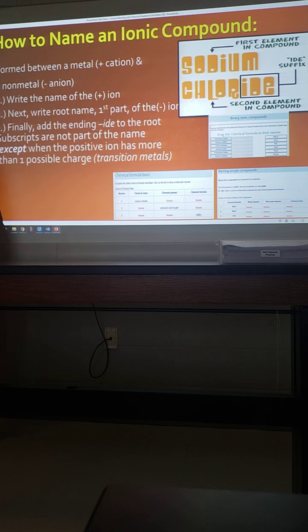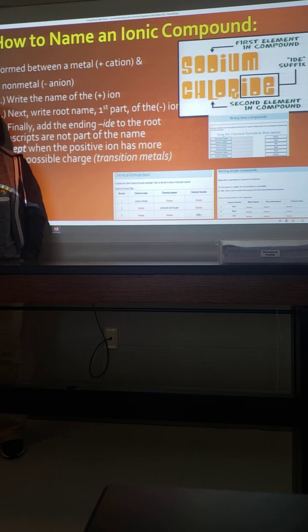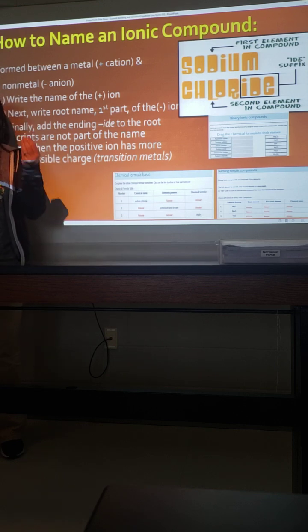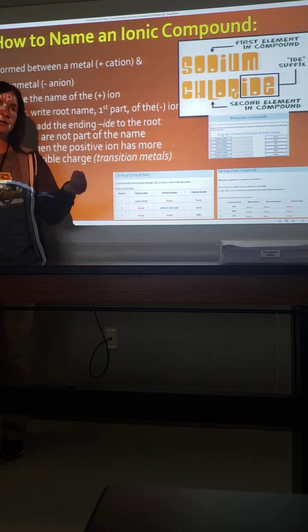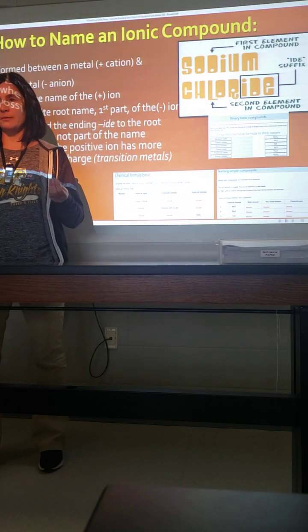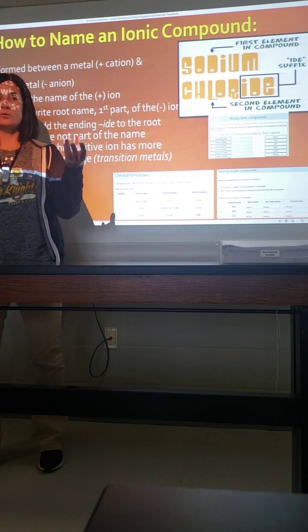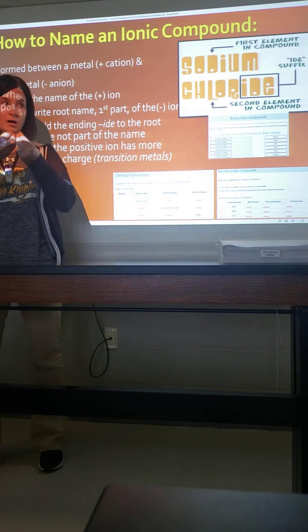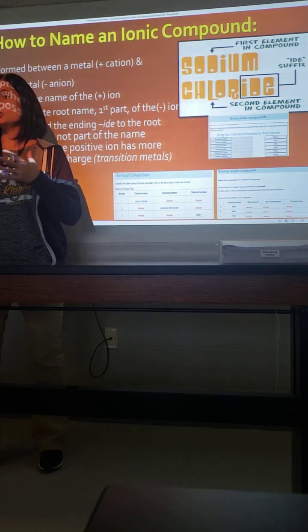Having it that way lets everybody know we're now dealing with the compound. We're not dealing with sodium and chlorine by themselves as neutral but unstable elements. We're now looking at them as sodium and chloride, this brand new compound that is charged, right?